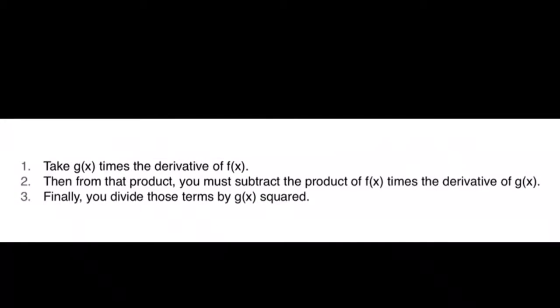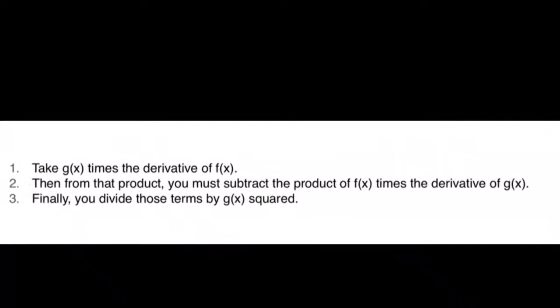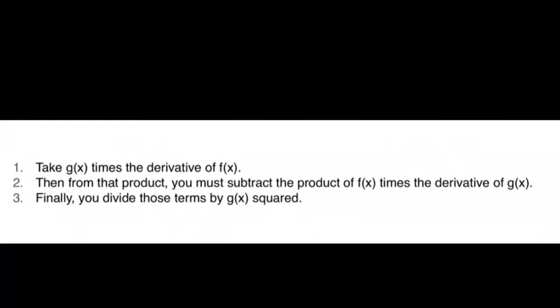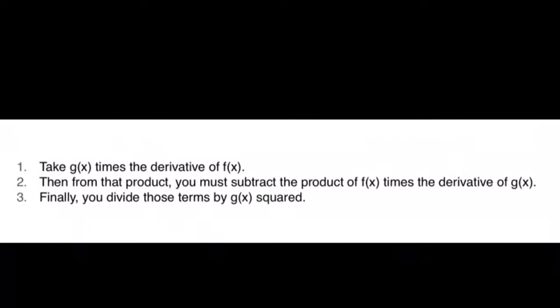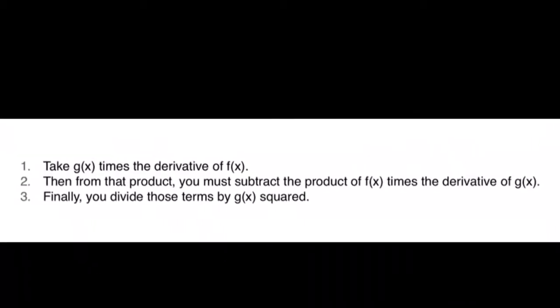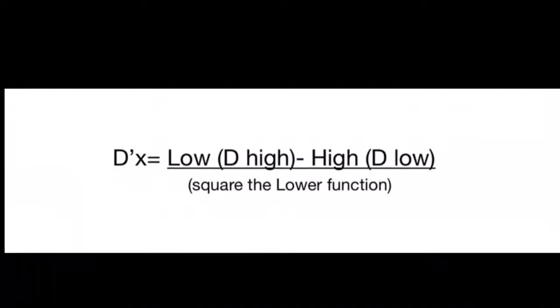Number 2, from the product, you must subtract the product of f of x times the derivative of g of x. And lastly, you divide those terms by g of x squared.